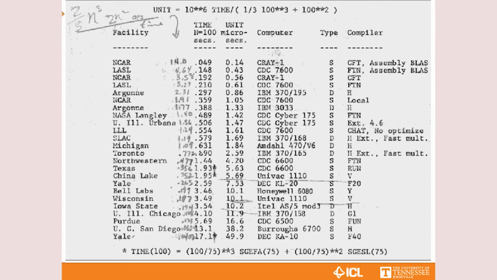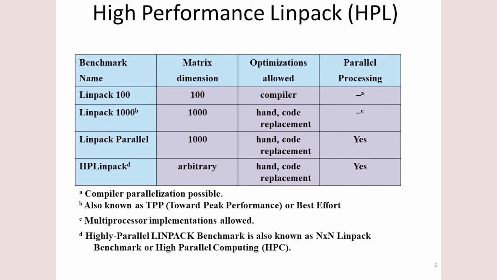And over time, that LINPACK benchmark had to change characteristics. A matrix of size 100 was pretty small. And we changed the size of the benchmark from being just 100.